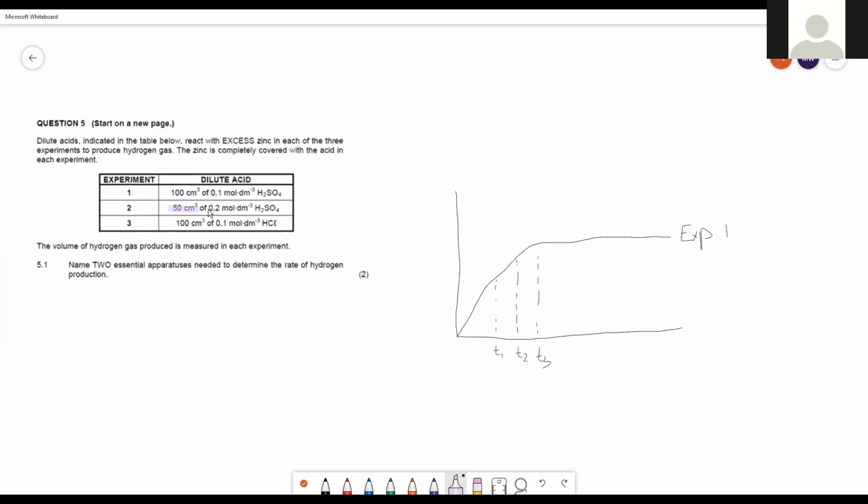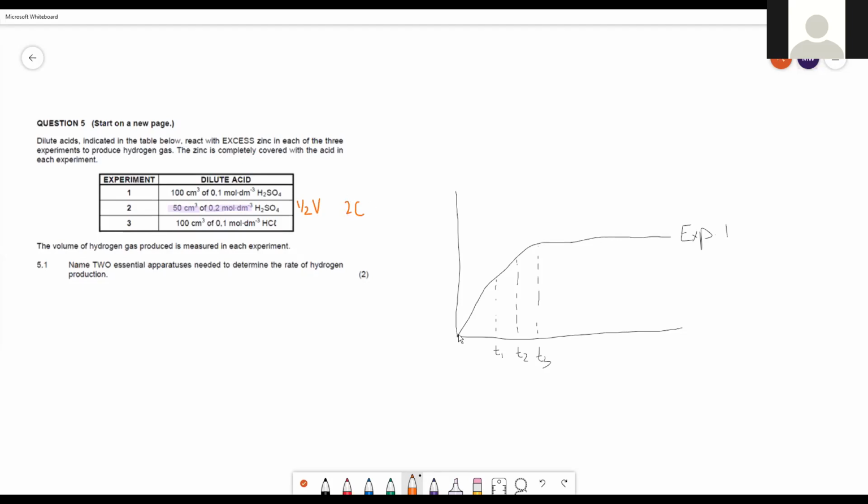But for experiment 2, you've got a greater concentration. Okay, so what that means is, because you've got double the concentration than in experiment 1, and you've got half the volume. So here you've got half the volume, but you've got 2 times the concentration than experiment 1.